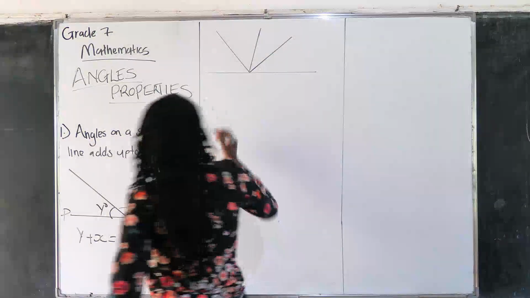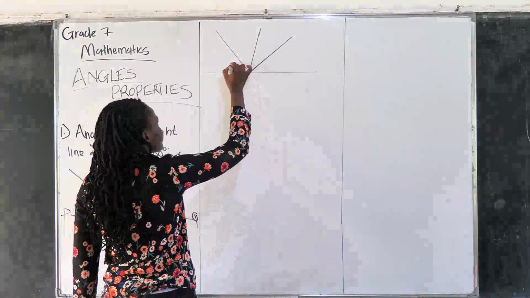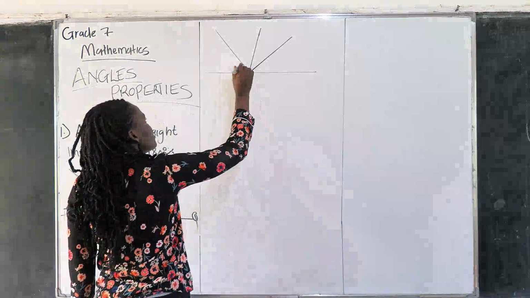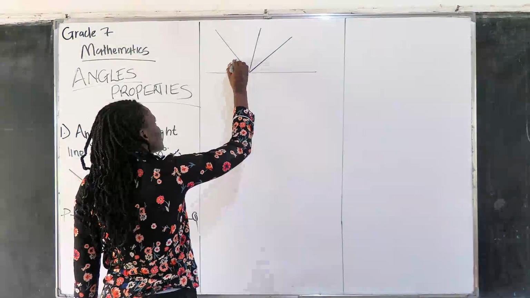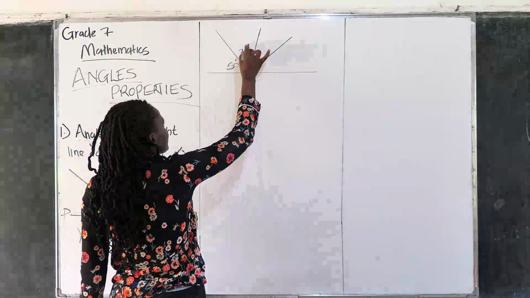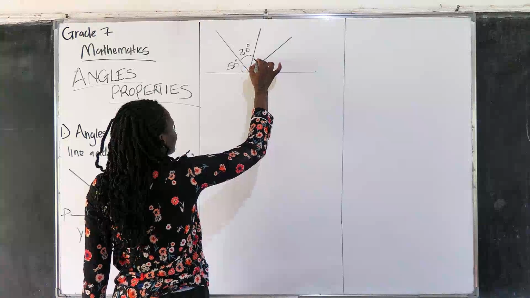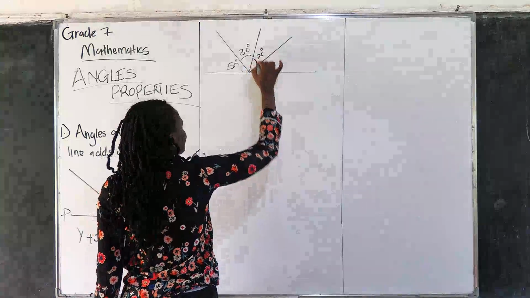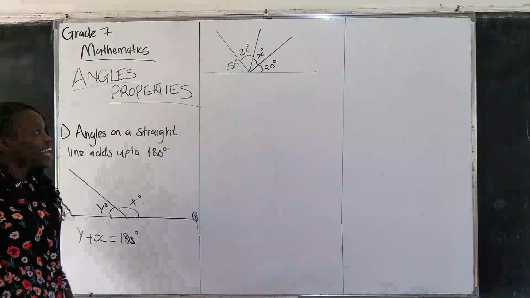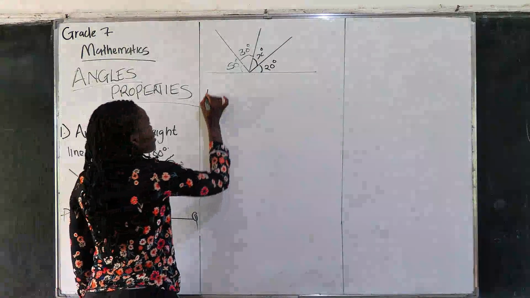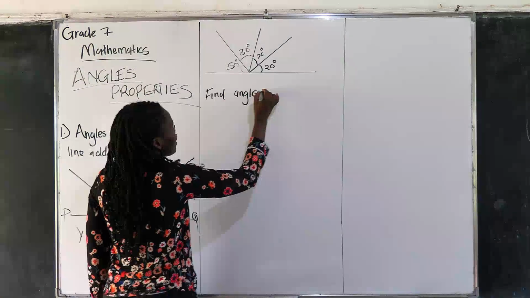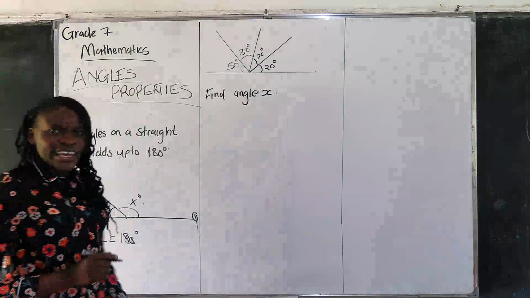We are told this angle is 50 degrees. This one is 30 degrees. This is X degrees, and this one is 20 degrees. So we have that, and then the question is: find angle X.